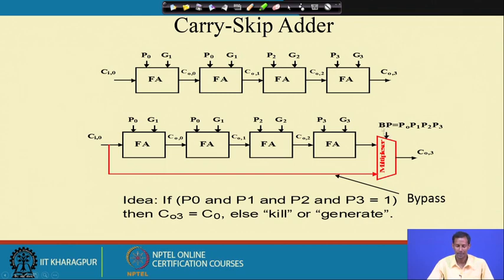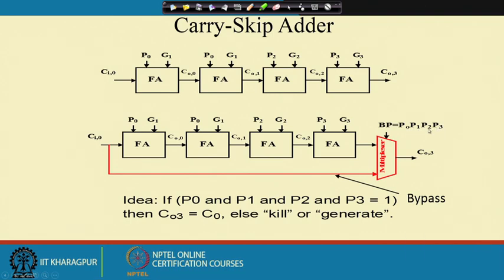The select line is the ANDed operation of P0, P1, P2 and P3. P is the logic for propagation of the carry, and G is the logic for generation of the carry.